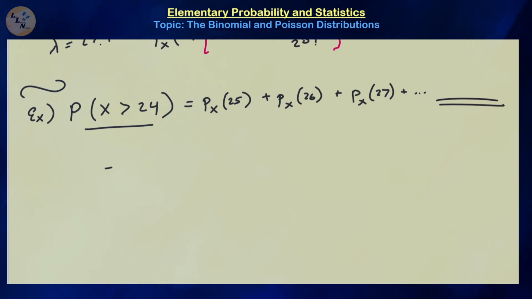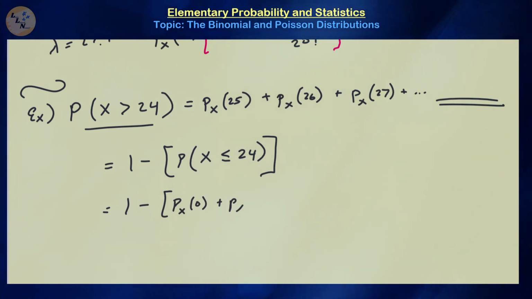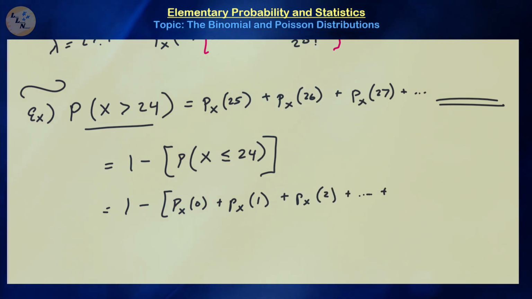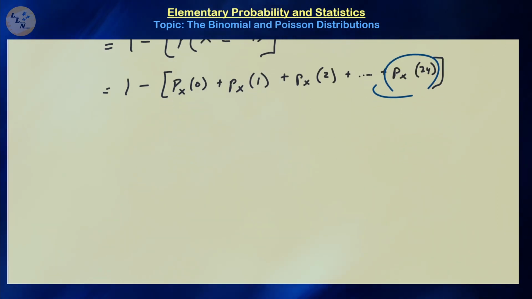Because this is just going to be equal to 1 minus the complement, which is going to be the probability that x is less than or equal to 24, which is going to be 1 minus the probability that x is equal to 0, plus the probability that x is equal to 1, plus the probability that x is equal to 2, all the way up to the probability that x is equal to 24, and make sure that you're not including one in the other because they are complements and should not have any overlap.